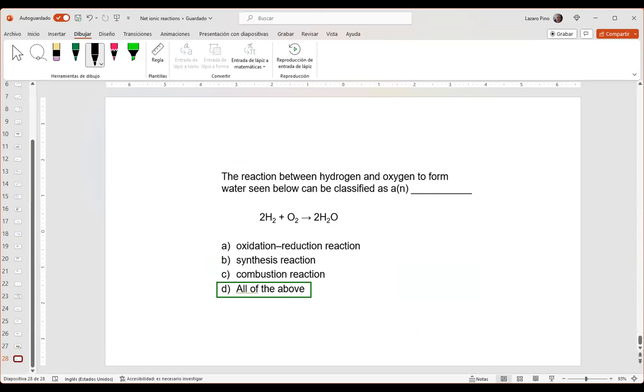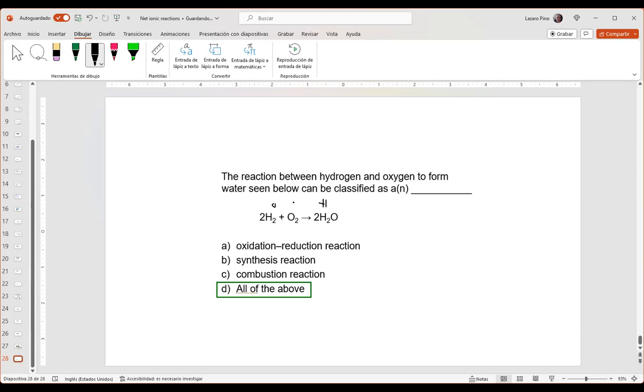Here you have a question. The reaction between hydrogen and oxygen to form water can be classified as an oxidation reduction reaction. Well, yes, hydrogen loses electrons and is transformed into positive ions.